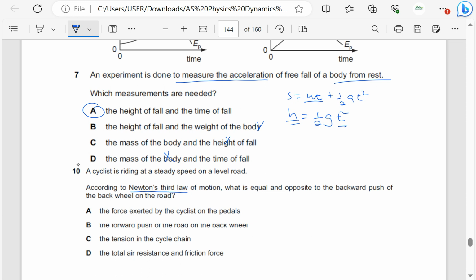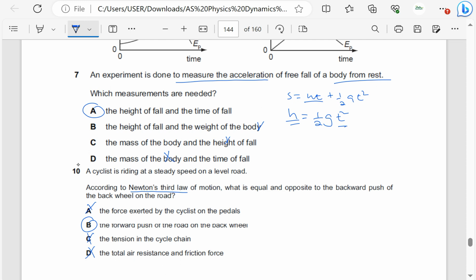If it is a backward push, then the other one should be forward. It should be a forward push. So the tension is out, total air resistance is out, the force by the cyclist on the pedals is out. So it will be the forward push of the road on the back wheel.